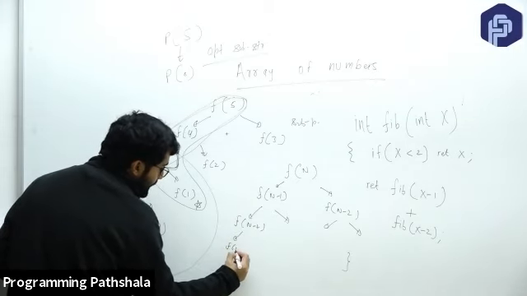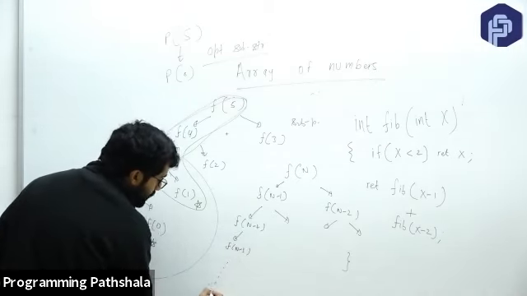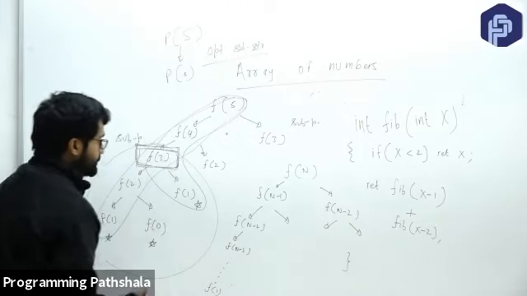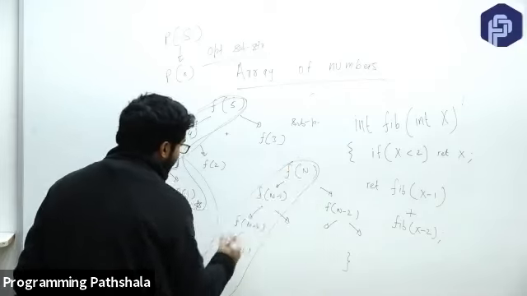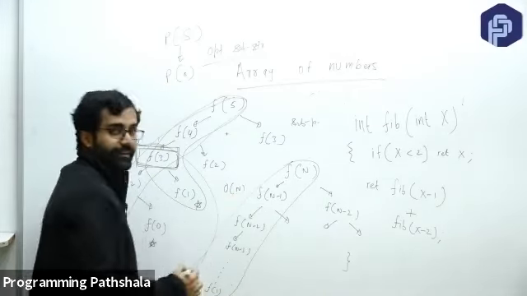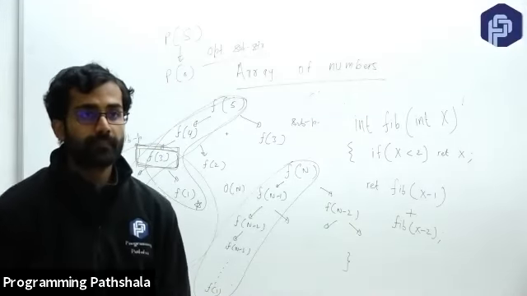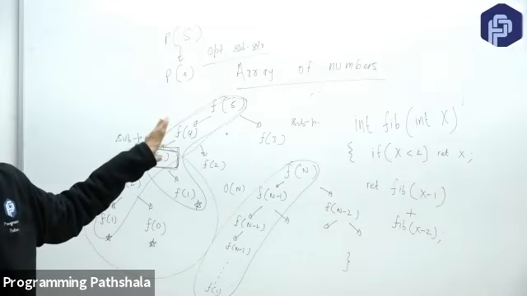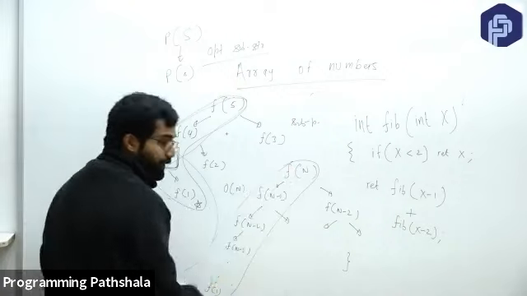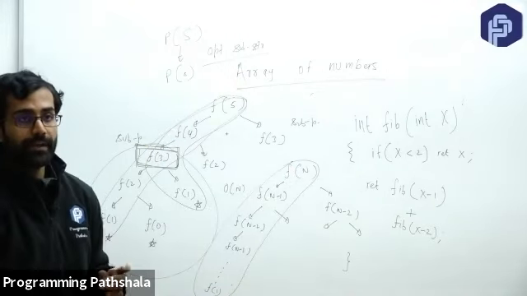This calls f of n minus 3. This goes on and on till it reaches f of 1. So this would definitely be of height equal to order of n. Is that clear that the longest path that one can ever create in this recursion tree would be of size n?